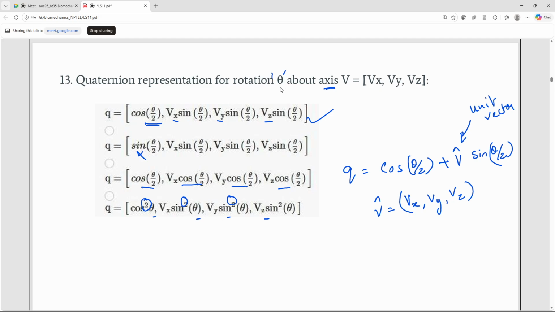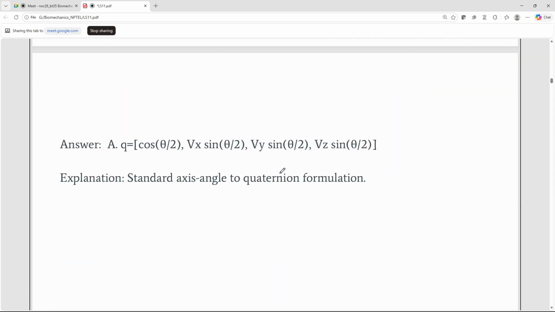When the rotation is theta, the quaternion takes theta by 2, the half angle. What I just showed you is known as the standard axis-angle formulation for a quaternion.